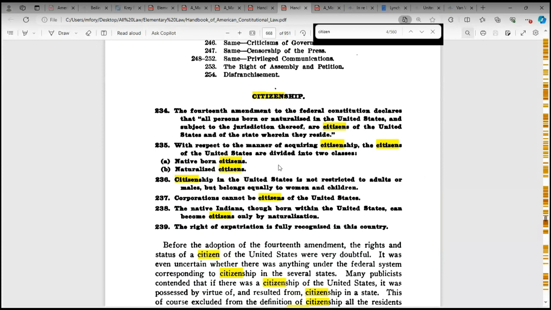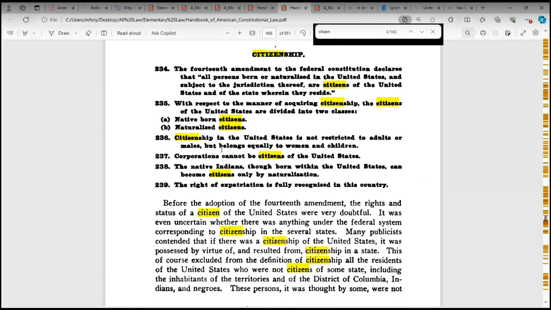The 14th Amendment to the Federal Constitution declares all persons born or naturalized in the United States and subject to the jurisdiction thereof are citizens of the United States and the state where they reside. So, with respect to the manner of acquiring citizenship, the citizens of the United States are divided into two classes: native-born citizens and naturalized citizens.